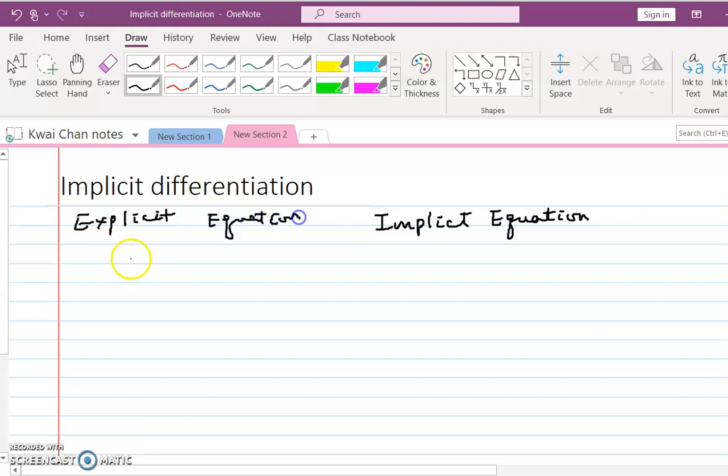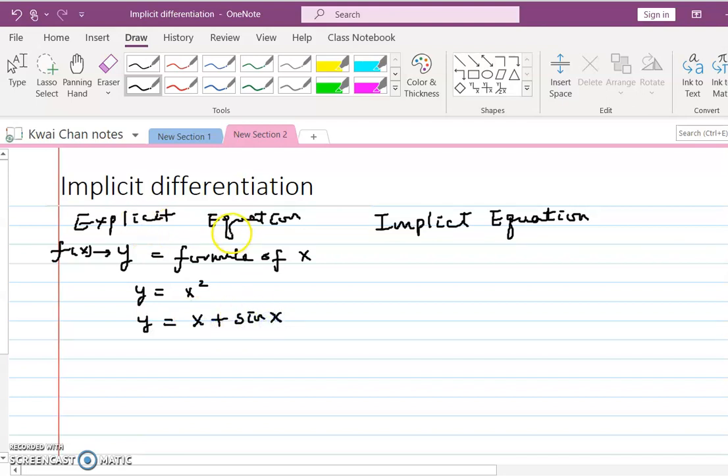Because the equation has y equal to a formula of x. In function form, you would have f of x equal to a formula of x. If we replace f of x by y, we have an equation of y equal to a formula of x, such as y equal to x squared, that's the basic one, or y equal to x plus sine x. So these are explicit equations.